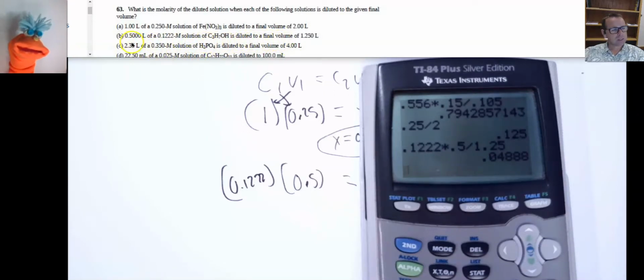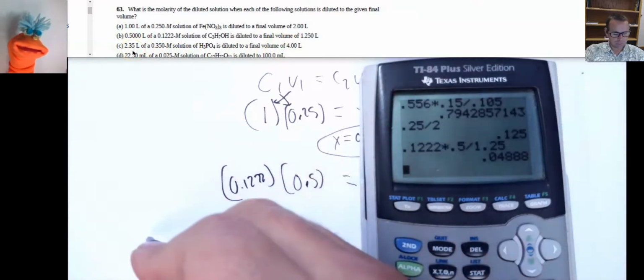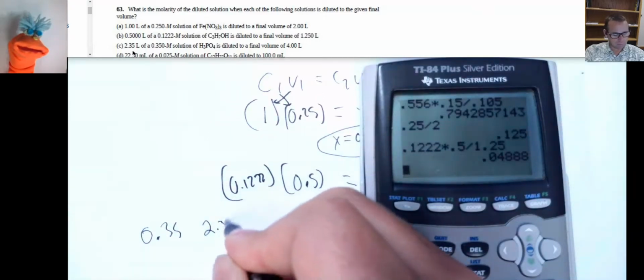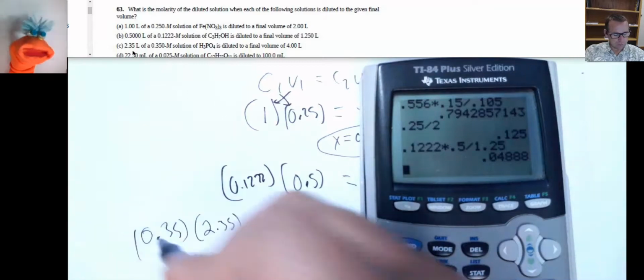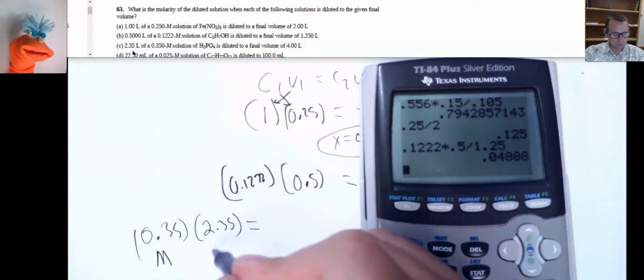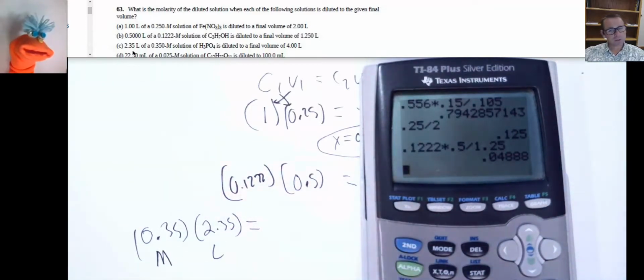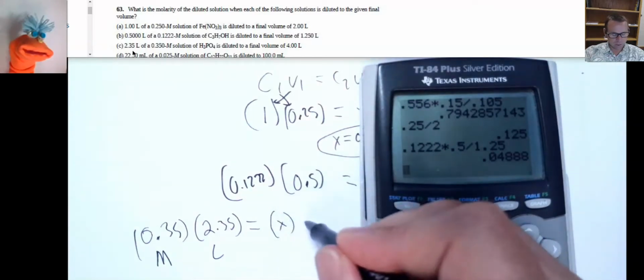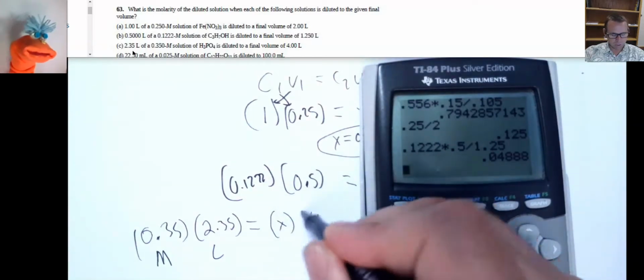All right, next one here, C, 2.35 liters and 0.35 molar. Does it matter the units we use? Well, whatever units you have here, which they're provided as molar and liter in this problem, if you use the same units on the other side, the new concentration we're going to find out and the new volume is 4 liters.